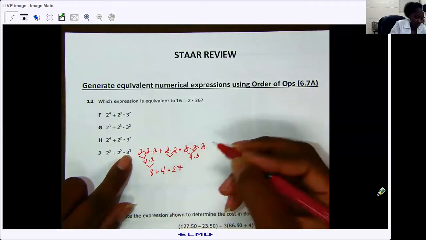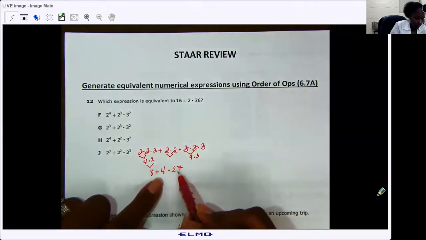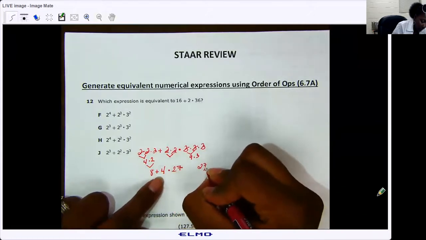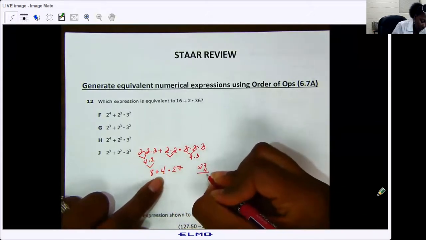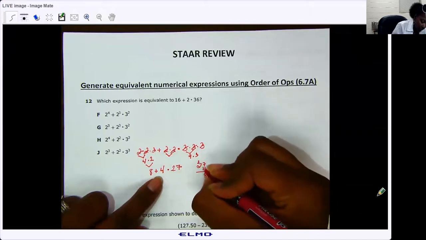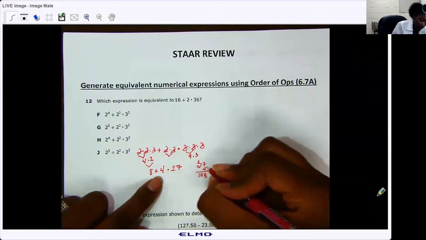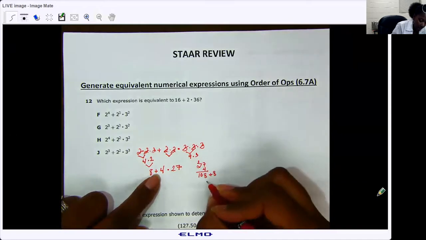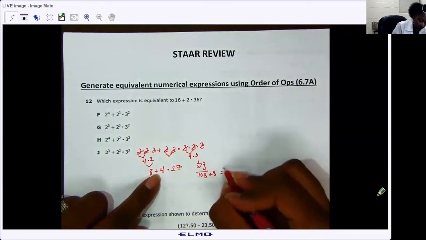Order of operations tells us to do the multiplication first. So 27 times 4. 7 times 4 is 28. 2 times 4 is 8, plus 2 is 10. So now we have 108 plus 8, which would give us 116.